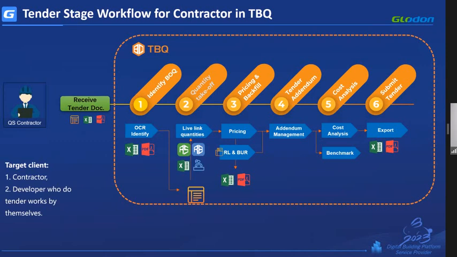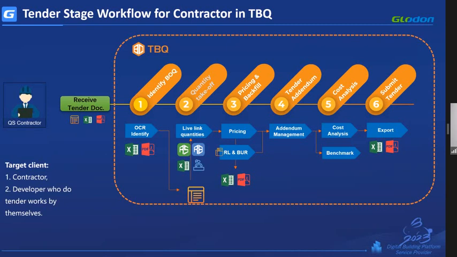You can see from this picture that in the tender stage, TBQ and TAS can help you do the whole tender process. From the identified BOQ, you can use the GBQ to do the pricing and compile the BQ, and you can combine it with the quantity takeoff by our Cubicost TAS to fill in the price.